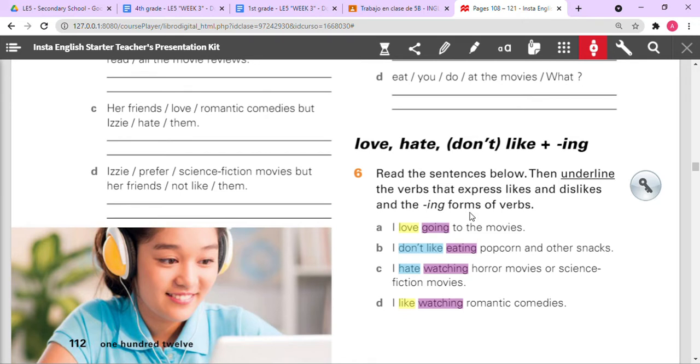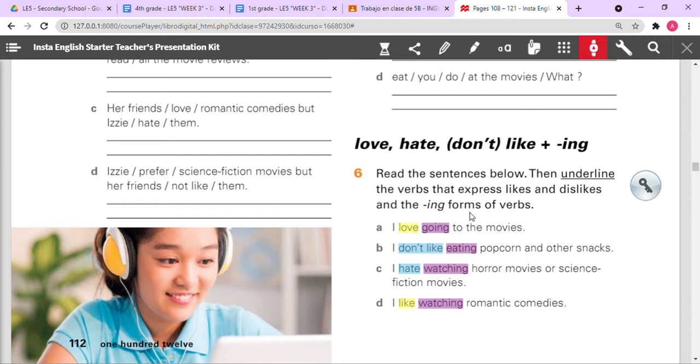Okay? For example, Mr. Lucero loves teaching English. The students don't like speaking in class. Well, it depends on some students, okay?